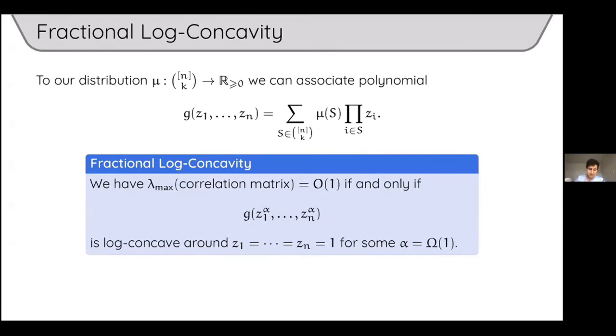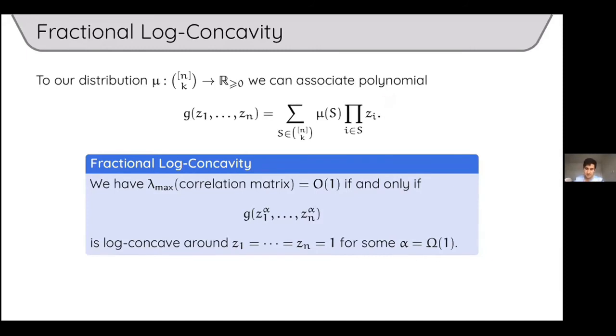In the case of monomer-dimer systems, you assign a variable zi for each vertex, and then you sum over all sets in your distribution the weight of that subset times the product of the variables corresponding to the elements of that subset. This is a polynomial that you can call the generating polynomial of the distribution.